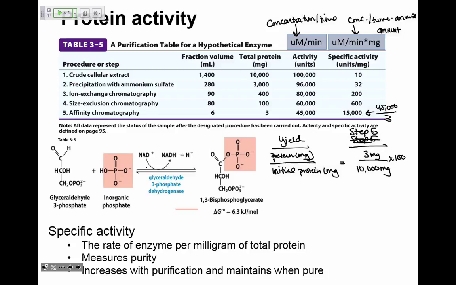It also asks you for the purification level, or purity. Those are all the same thing. And you assess this by, oh crap, I don't think I wrote it down.